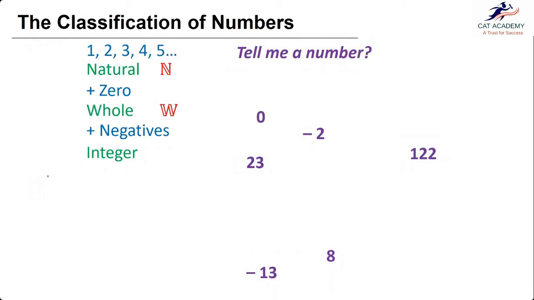So now I should start using fractions. Fractions are like this, or decimals like this. So including them in my counting, what will the numbers now be called? If I include fractions into my integers, then they will be called rationals. Very good.